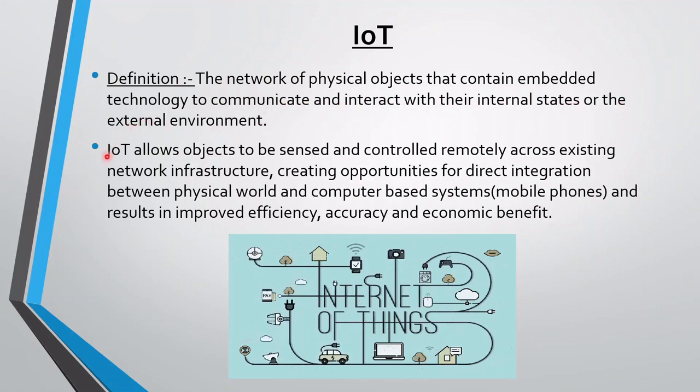Here IoT allows objects to be sensed and controlled remotely across existing network infrastructure, creating opportunities for direct integration between the physical world and computer based systems like mobile phones, laptops, computers, etc., and results in improved efficiency, accuracy, and economic benefit. It also saves human effort and time.